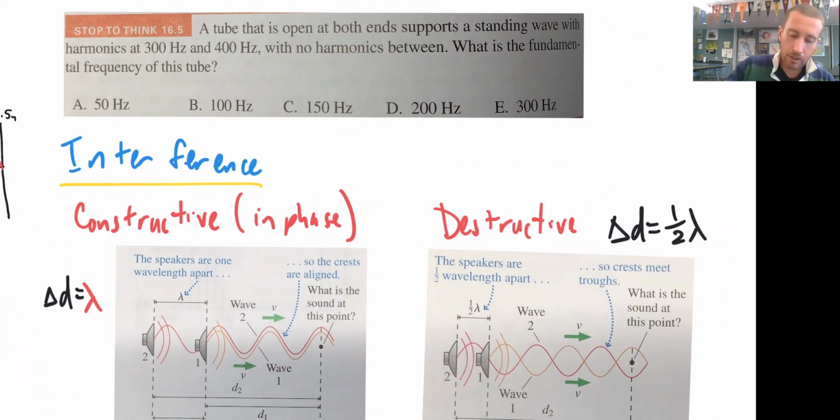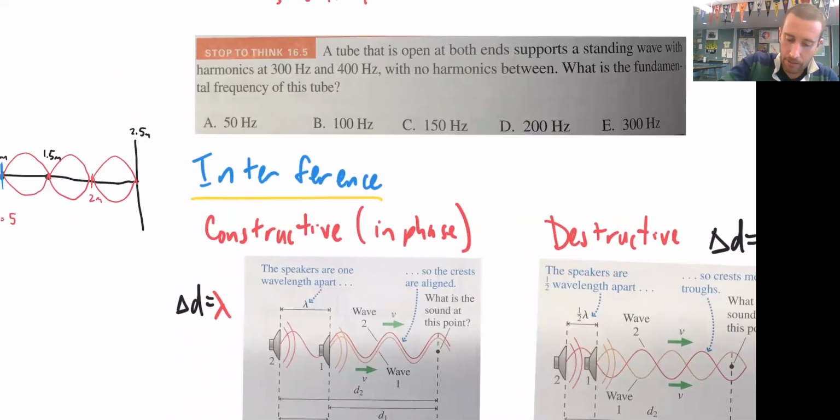Okay, so it has a harmonic at 300 and a harmonic at 400. Since the fundamental frequency times some number gives you these harmonics, and there are no harmonics in between, the difference between them is 100 hertz. So 300 hertz must be the third harmonic and 400 hertz must be the fourth harmonic.